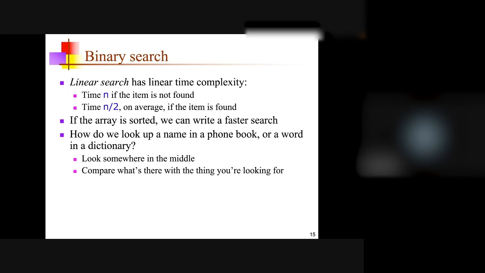You would first go for the letter U, and then once inside the part of the letter U, you would decide whether to go after or before in the pages. And that's binary search.